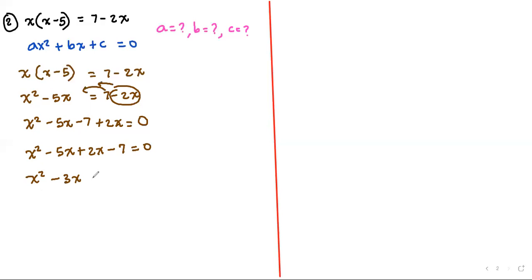Now, minus 7 is equal to 0. And now, this becomes the general form.